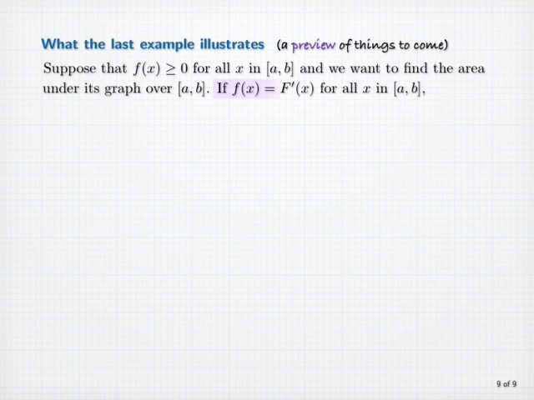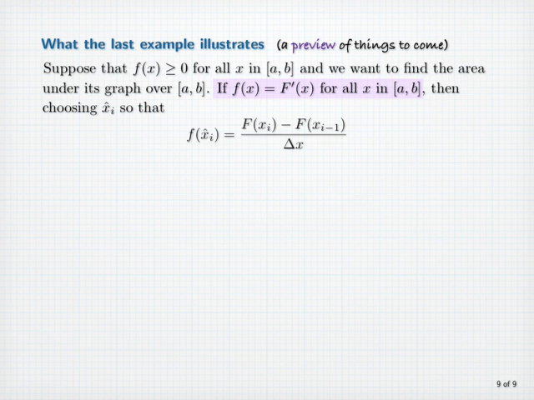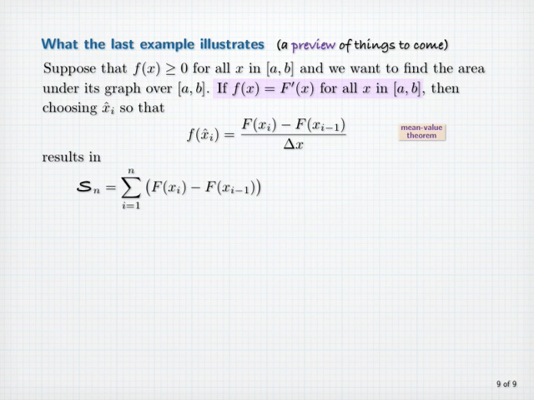If f of x is equal to the derivative of some function capital F of x for all x in that interval, then by choosing x hat sub i so that f of x hat sub i is equal to capital F of x_i minus capital F of x_{i-1} divided by delta x, which we can do by the mean value theorem, we get a sum Sn equal to the sum from i equals 1 to n of F of x_i minus F of x_{i-1}, which is a telescoping sum that simplifies to simply F of xn minus F of x0.